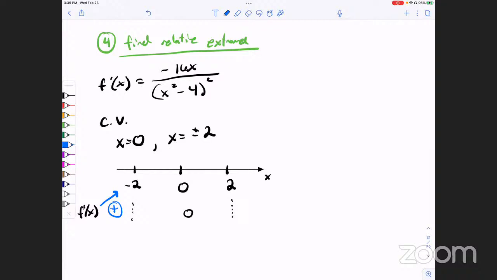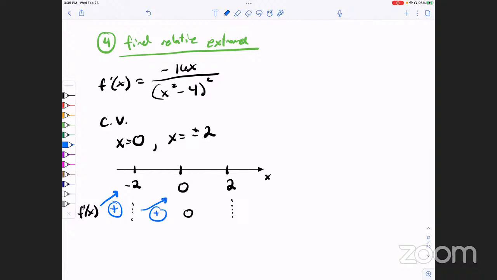Between -2 and 0, let's test when x is -1. If we plug -1 into the first derivative, that makes the numerator positive. 1 is negative, squared is positive, so this is positive. So everything here is positive, which means our original function should be increasing here as well.